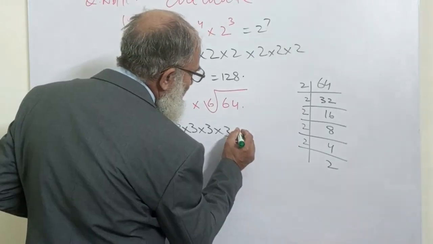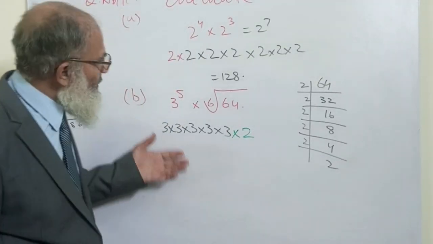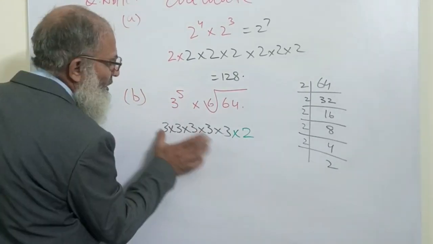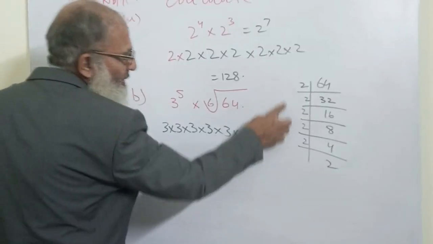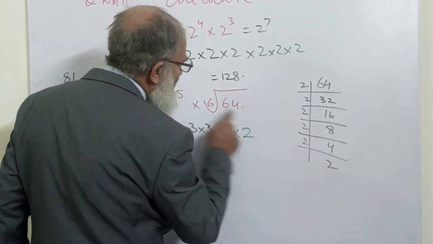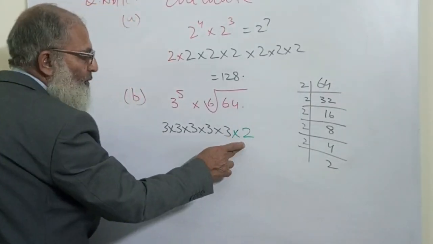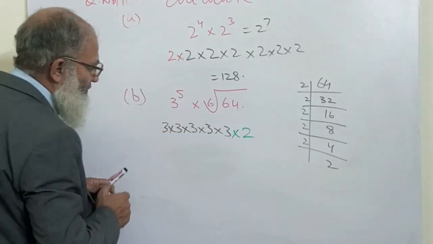Sixth root is 2. Now students, I broke it up in this form. So we have picked 1 out of 6 twos. Now these are 6 twos. 1, 2, 3, 4, 5, 6. From 6 twos, I have only picked 1, and we have to write all the threes, 5 threes.